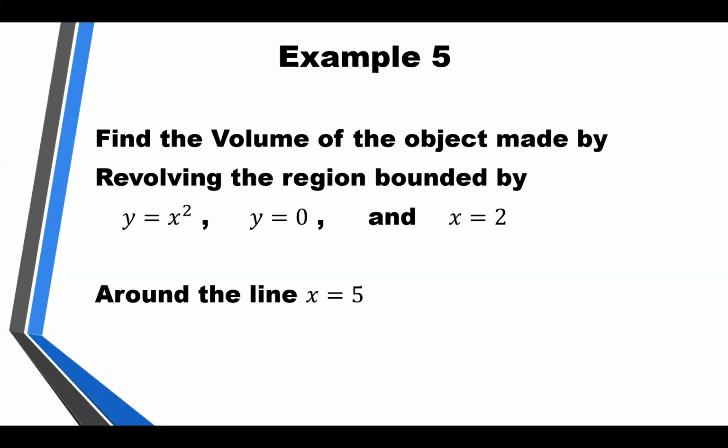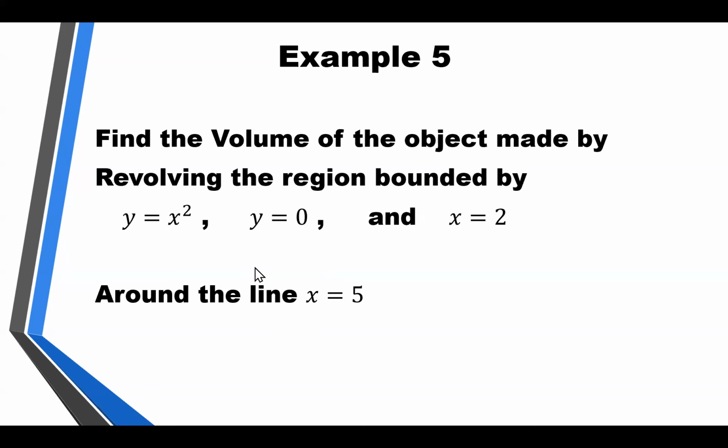Now let's rotate around the line x equals 5. So last example, we rotated around the line x equals 2. Now we can extend that to say, let's rotate around the line x equals 5.